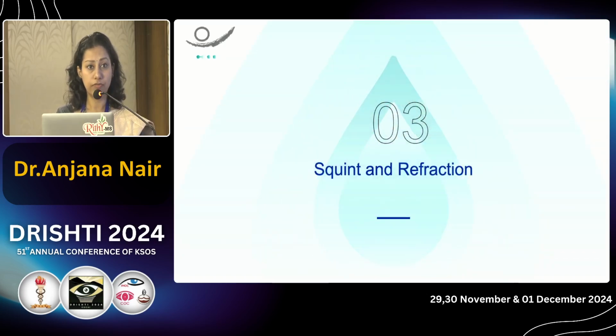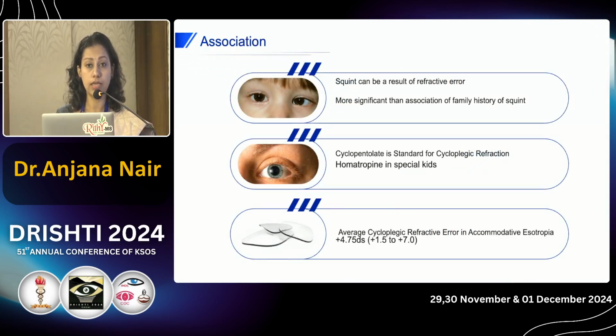Squint and refraction, we all know it is so much interrelated, and in any case of squint you should screen for any refractive errors. And actually there is a more significant association between squint and refractive error rather than the family history of a squint. So we have to do cycloplegic refraction. Cyclopentolate is the standard of choice. CTC regimen is followed everywhere.